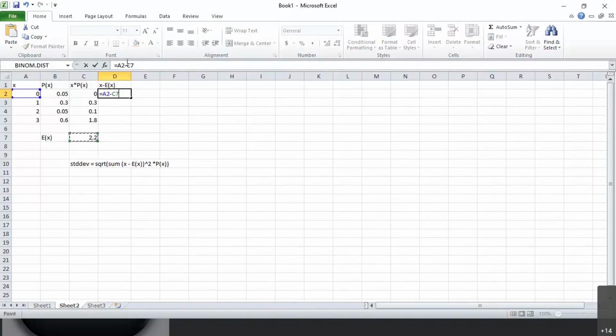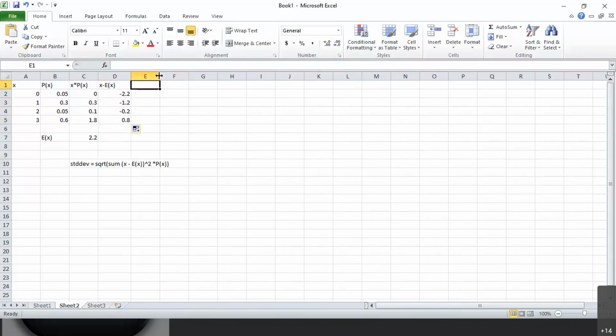I actually want $C$7. That anchors it to that cell. So that's that difference, and then I'm going to pull it down. Just to check, the X value is changing, but not the $C$7.